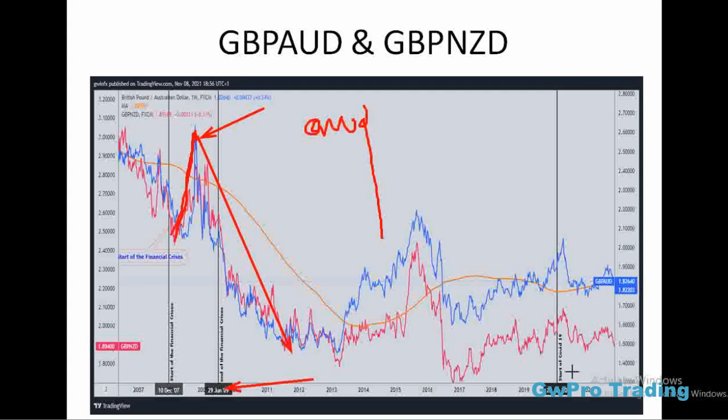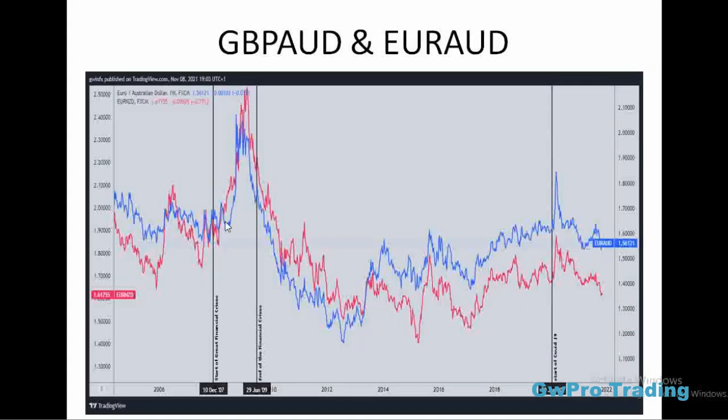All right, so also similarly, what happened also with COVID, moved up then started dropping down, and we're going to continue dropping down because of AUD and NZD strength. This also reflected on euro as well.